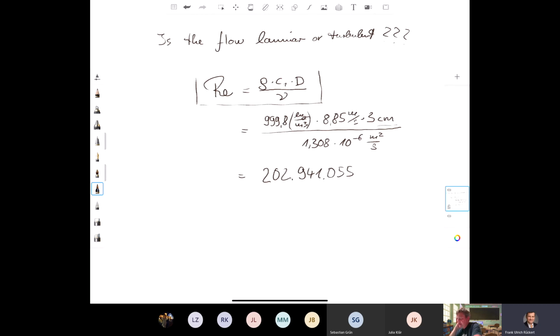And now I have to look into the Moody diagram. And maybe can you tell me, is this laminar or turbulent?